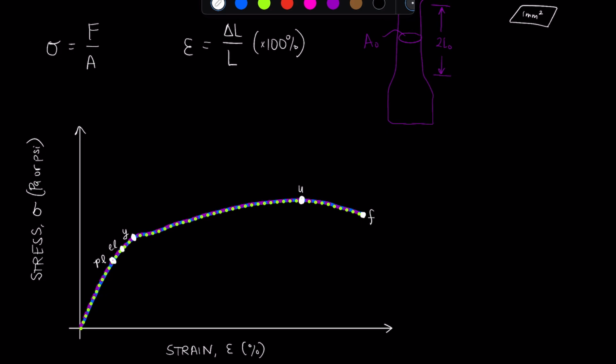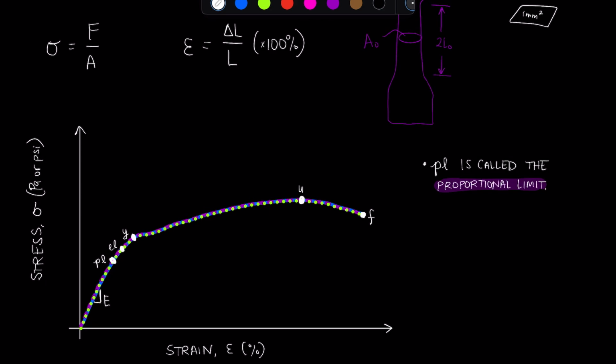All right, so first up we have point PL, and this is called the proportional limit. This is where the stress-strain curve begins to deviate from a straight line. So until then, we have a straight slope, and that slope is E, which remember is our Young's modulus of the material.